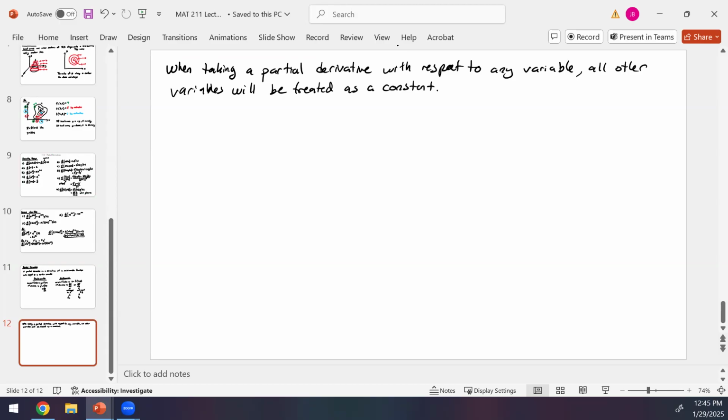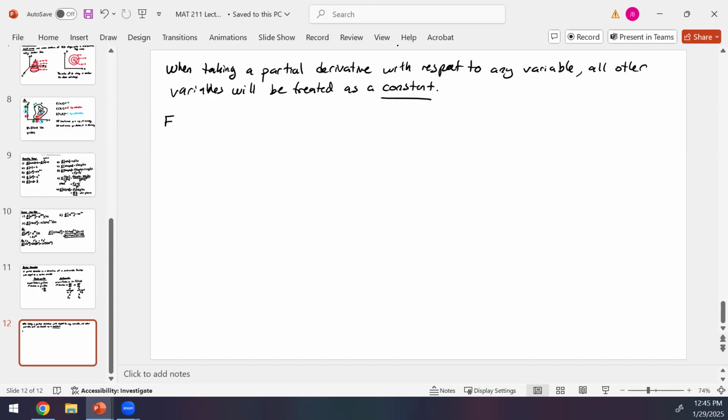That's the key thing. When you take the partial derivative with respect to any variable, x, y, z, doesn't matter, you must treat every other variable as if it were a constant. That's all it takes. And if you feel comfortable with that, then it ends up just being the same thing.